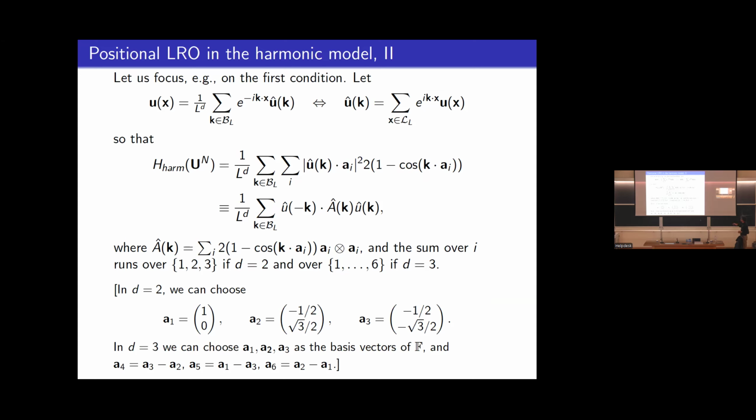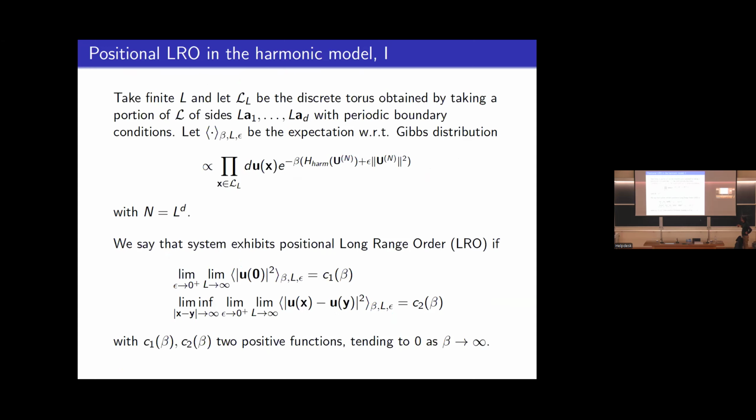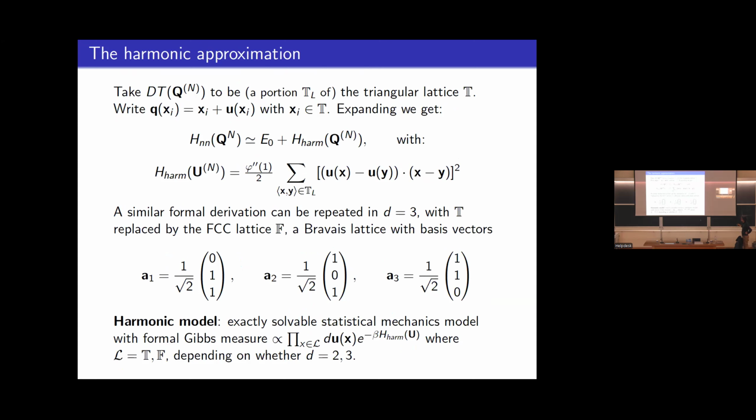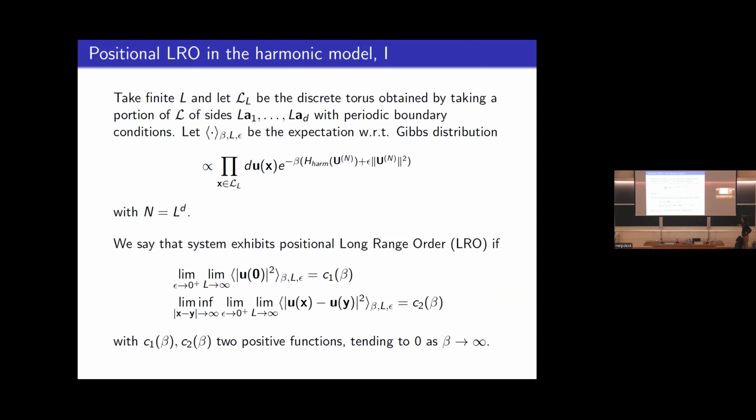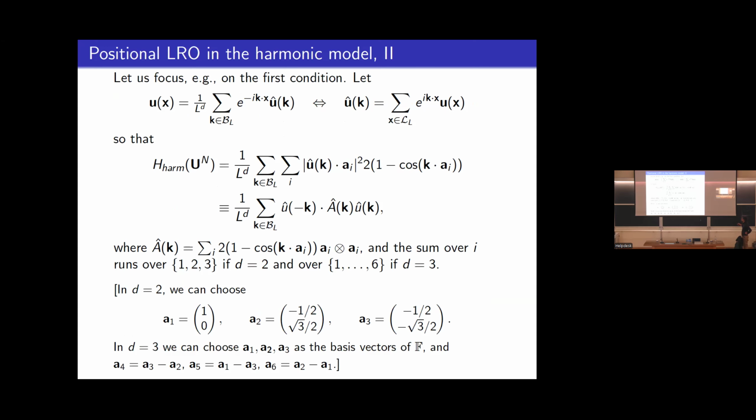So the summation over i and these a_i is just a summation over these 3 or 6 nearest neighbor vectors in the two cases of the triangular or FCC lattice. And this 2 times 1 minus cosine: this U hat dot a_i is what comes out of the U hat times this difference here, which is just the nearest neighbor vector. And then the 1 minus e to the minus i k (x minus y) is what gives rise after summation to this 1 minus cosine.